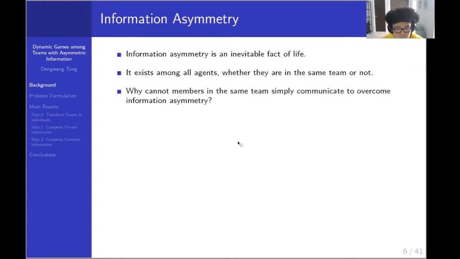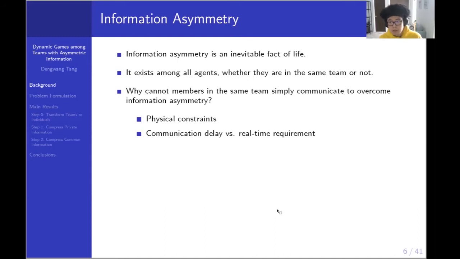So the question is, why cannot the members in the same team just simply communicate with each other to overcome the information asymmetry? Well, there are several reasons why they may not be able to do that. First is physical constraints. Then the communication can have delay, and you need to take action very quick, which means that before the information comes in, you need to make a decision. This results in information asymmetry.